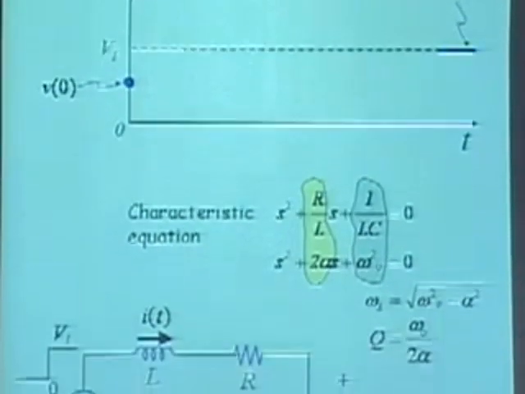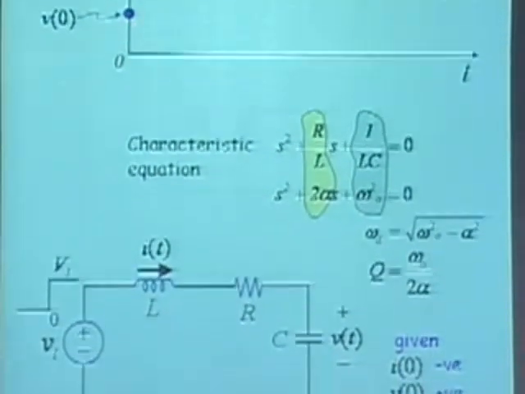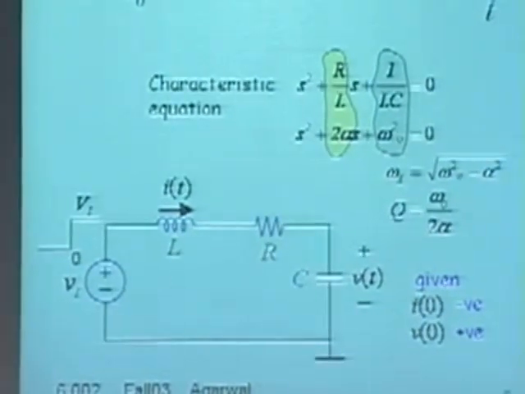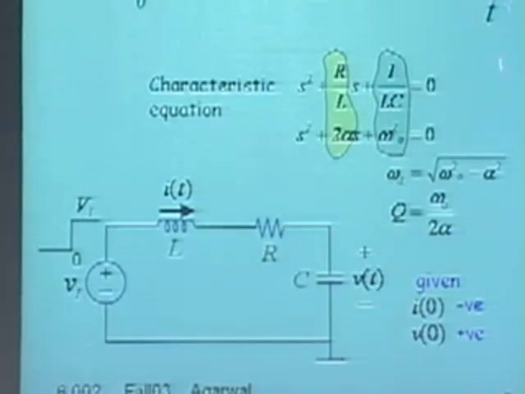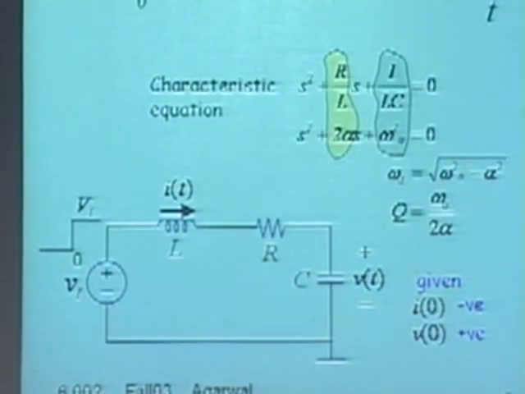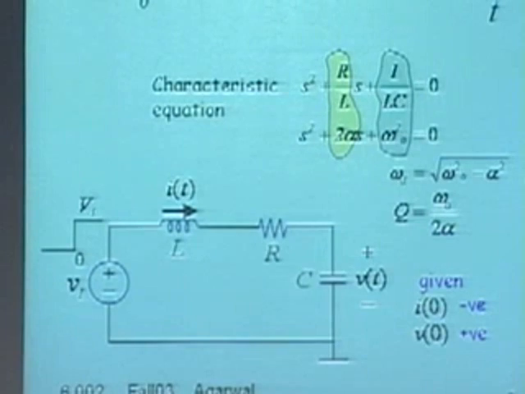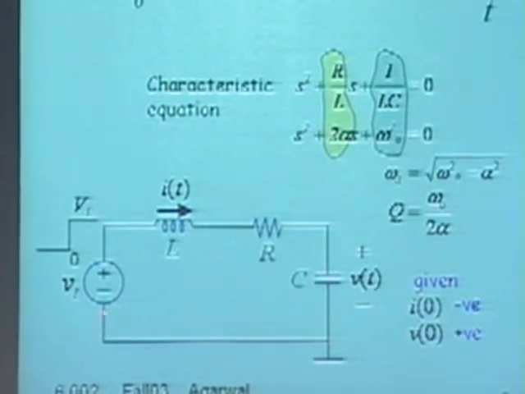So as a next step, I need to understand what the dynamics of the circuit look like. So I develop the characteristic equation, and initially you'll write the differential equation and substitute e to the st and get this characteristic equation. But you can also remember it as a pattern. For a series RLC circuit, you always get an equation of this form.